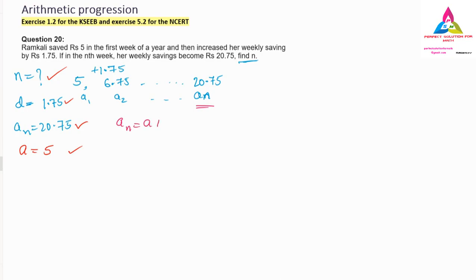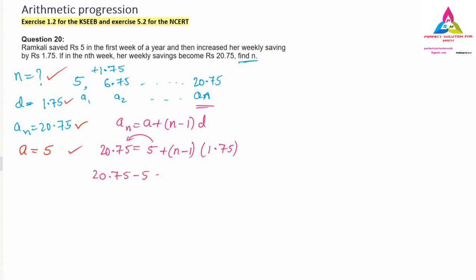An is equal to a plus (n minus 1) into d. So we know everything except the n value. So 20.75 is equal to the a value, which is 5, plus (n minus 1), and the d value is given as 1.75. I have written it in a bracket because it is a point value. So now the same procedure: the 5 we have to shift first.